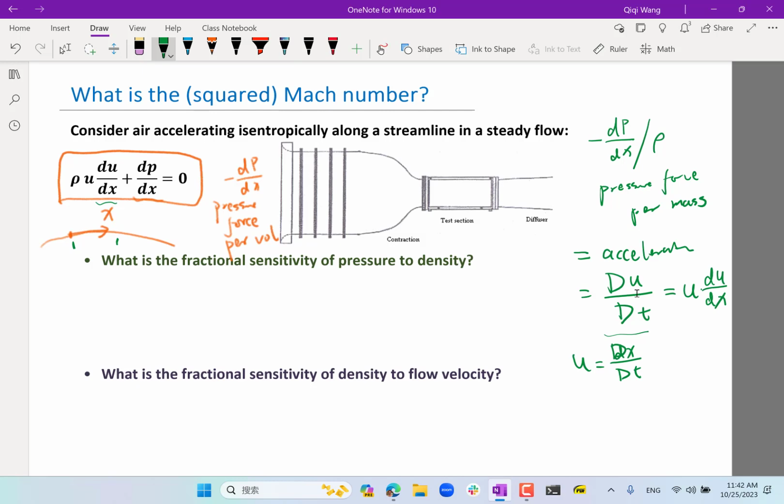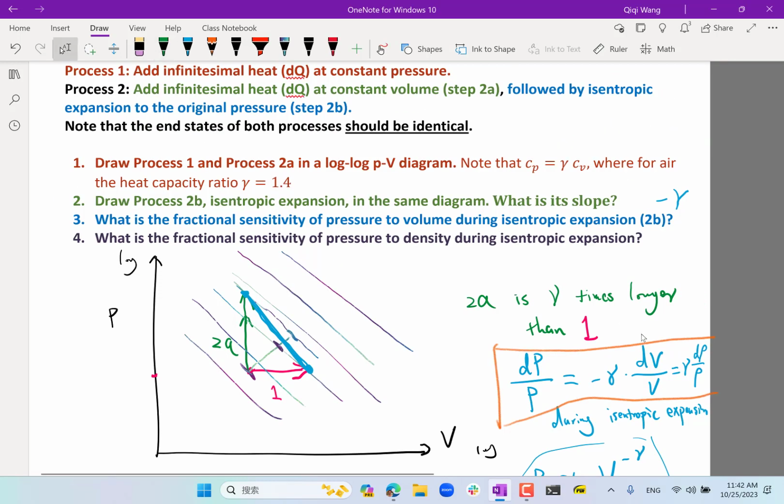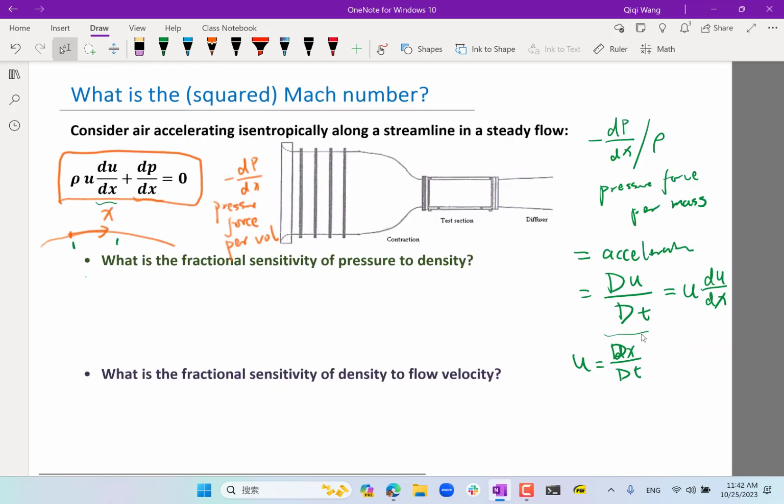First of all, let's copy what we derived previously using thermodynamics. We wrote in blue the sensitivity of pressure to density: dp over p is equal to gamma, actually 1.4, times d rho over rho.